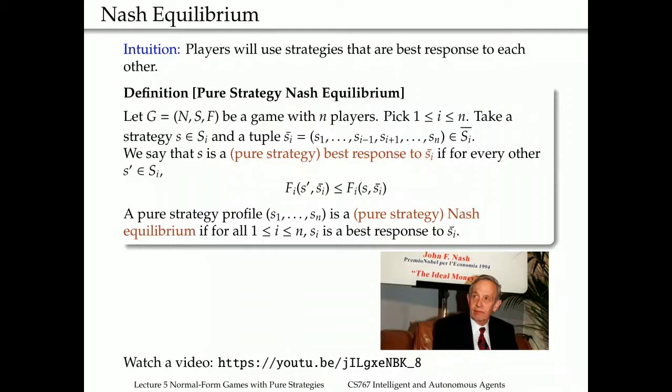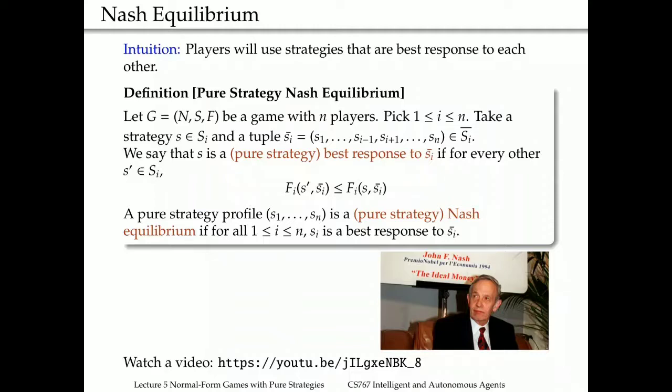The action that the player chooses does not need to dominate other strategies, because domination is a very strong notion. Instead, as long as the player is acting in best response to the current action of the opponent, then the player will choose to do that.